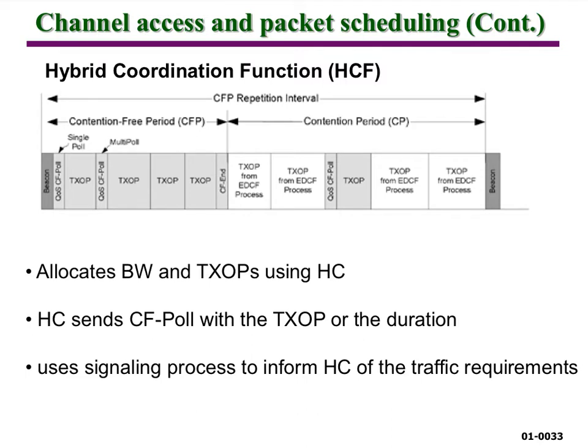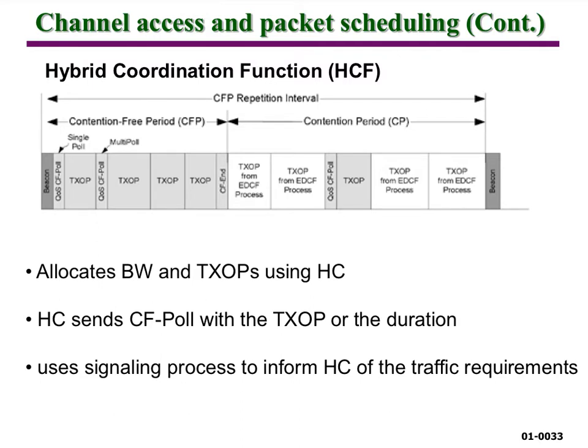At the same time, the hybrid coordinator will contend in this period to gain access to a traffic opportunity using polling. So this poll will be sent during the contention period, okay, using PIFS. Remember, we said that we have DIFS and we have PIFS.